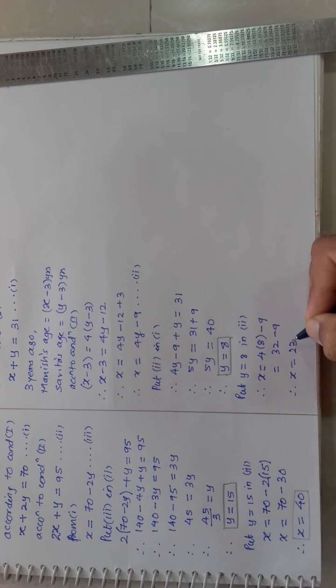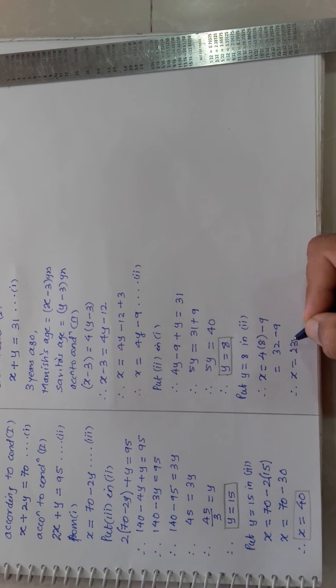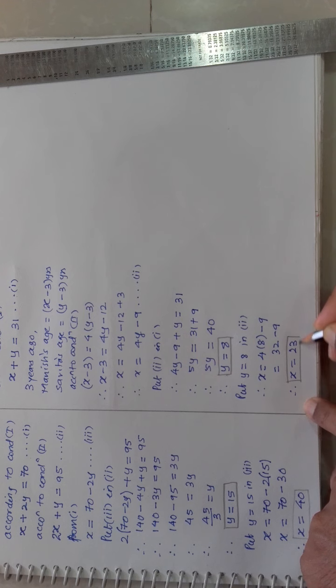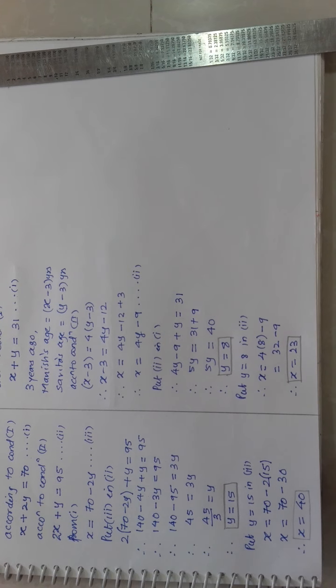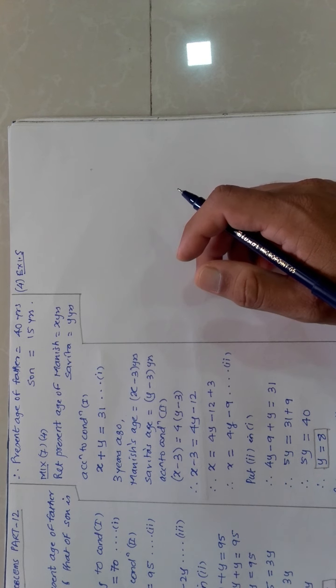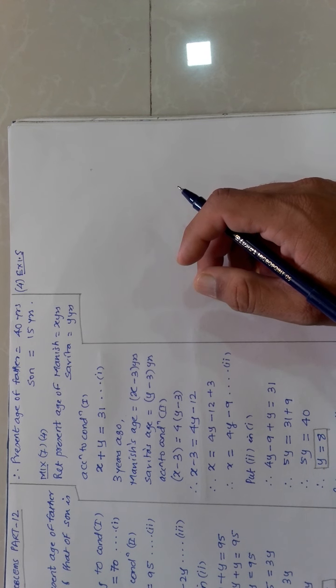Yes, 23 only. So you got X, that is the present age of Manish, that is 23, and the present age of Savita, that is 8 years. Now coming to exercise 1.5 again, question number 4.